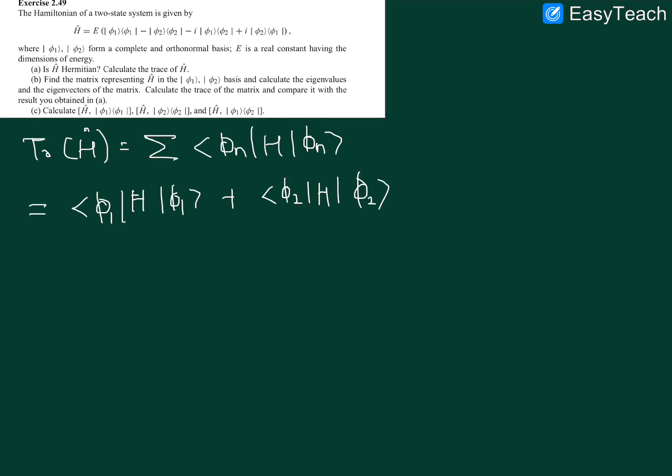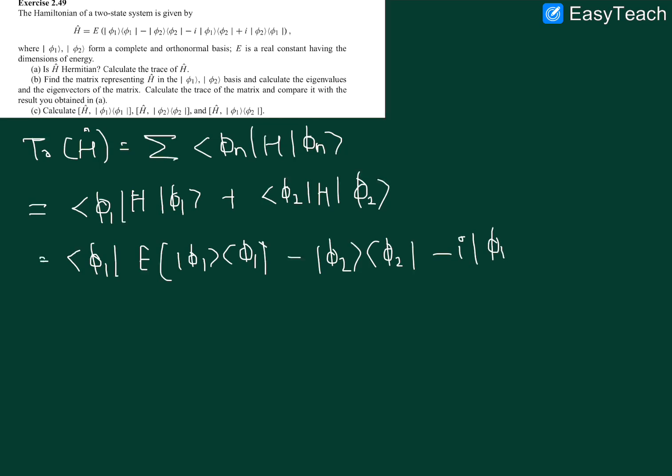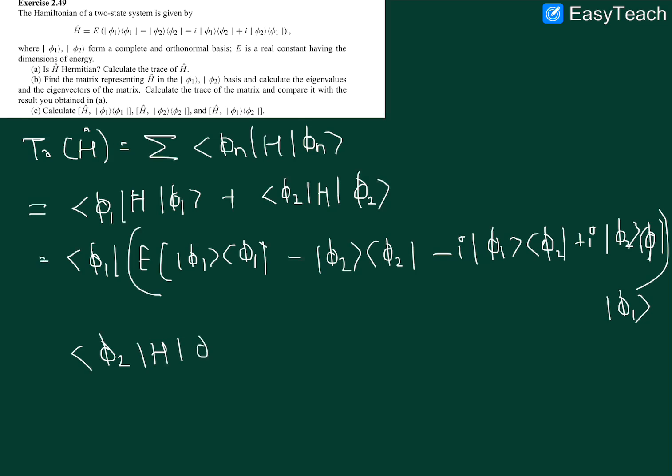Now I'll put the values of the H operator over here: phi 1 phi 2 minus i phi 1 phi 2 plus i phi 2 phi 1 into phi 1, and similarly we go for H phi 2.